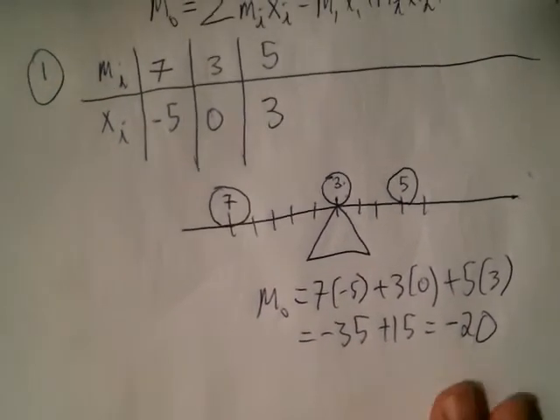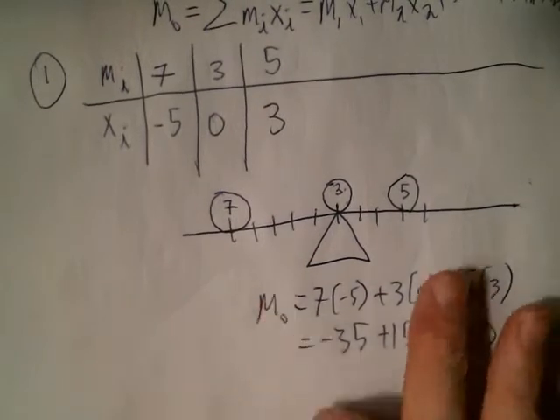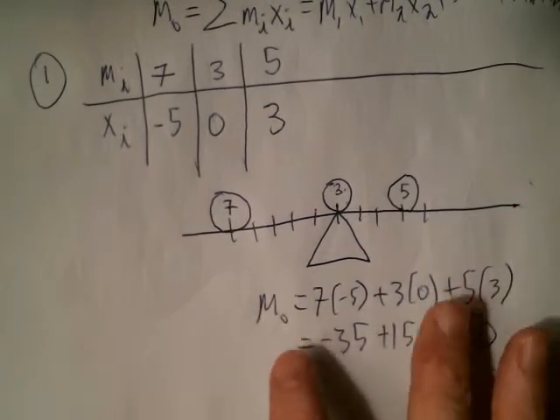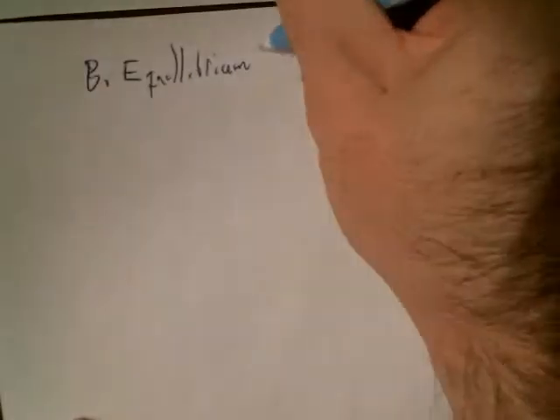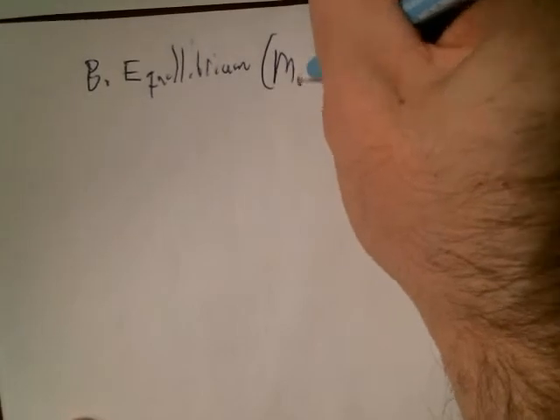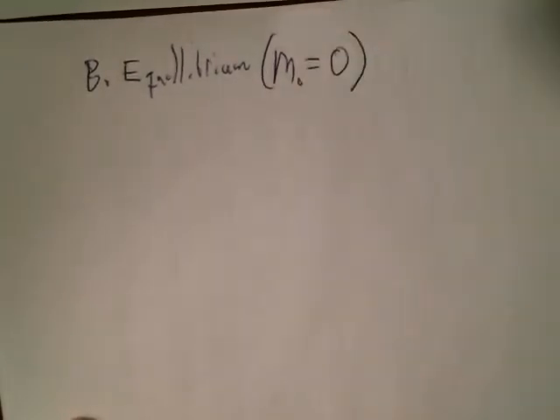Of particular interest to us will be the balance situation, which is called equilibrium. Equilibrium happens when the moment about the origin is equal to 0.